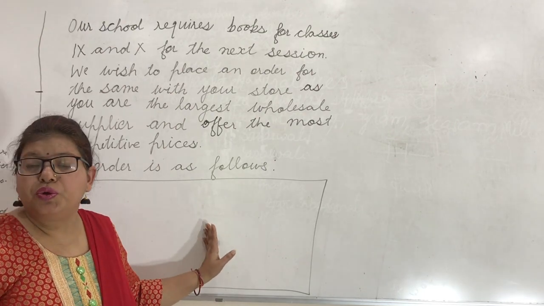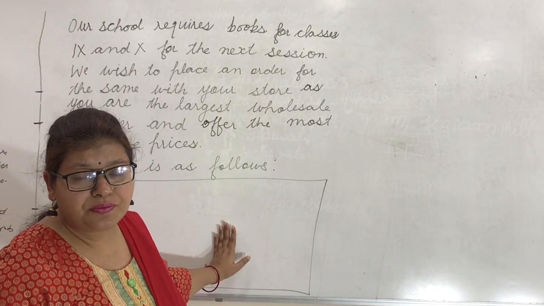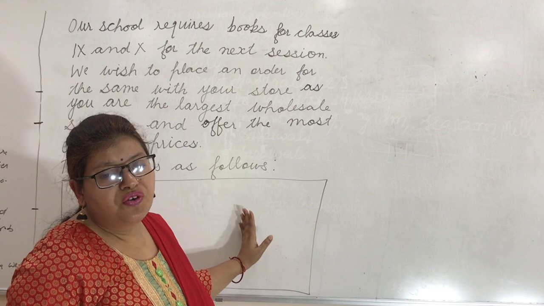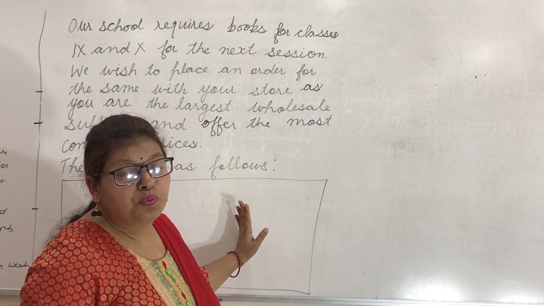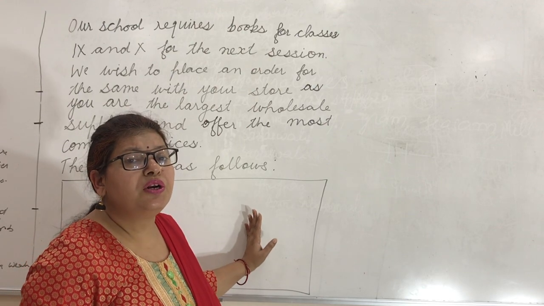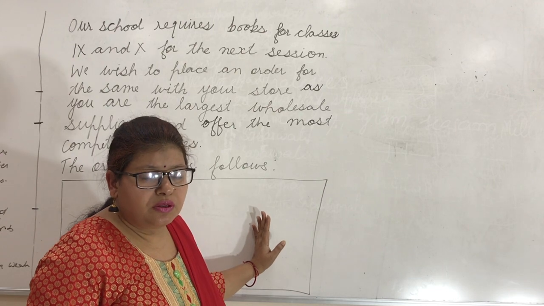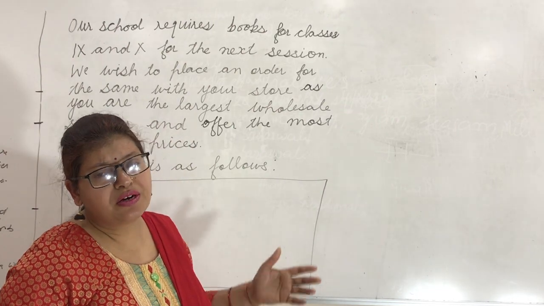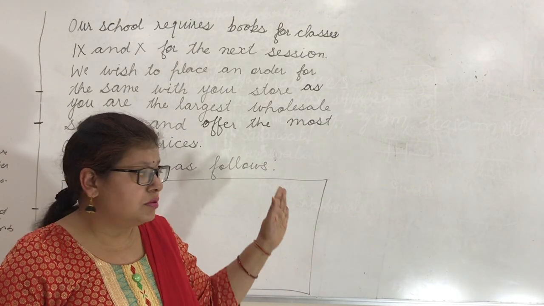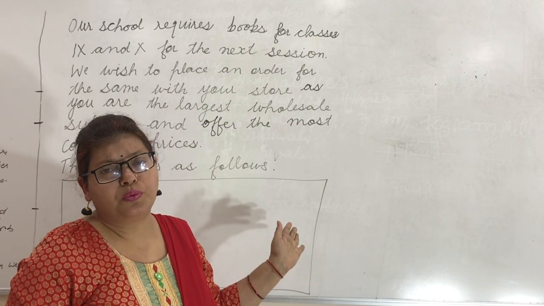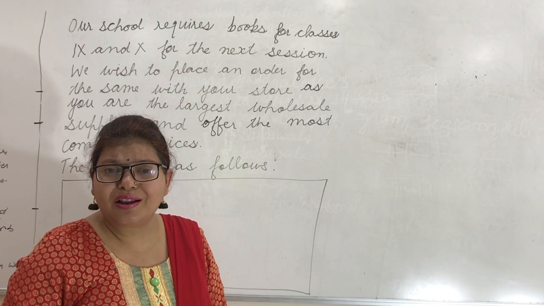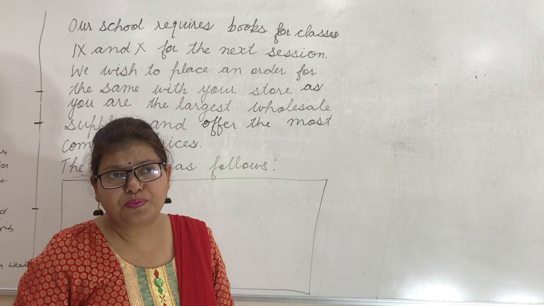You are to use pencil and scale to draw the table for writing the items which you want to order from this particular store. There might be some doubt in the minds of some children about why we are using a pencil and scale. Can't we just use a simple pen? No. You should use a sharp pencil and scale for drawing this table.